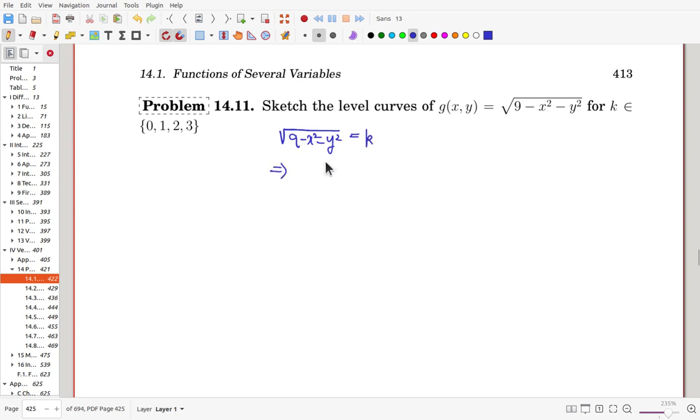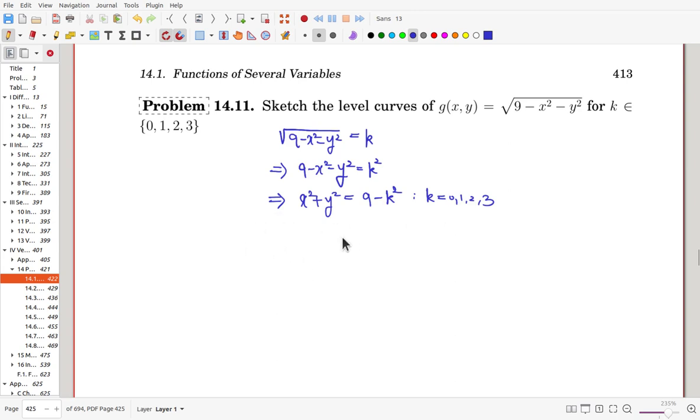From here, square and manipulate, then 9 minus x squared minus y squared equals k squared. So x squared plus y squared equals 9 minus k squared. So from here now, k is 0 and 1 and 2 and 3.